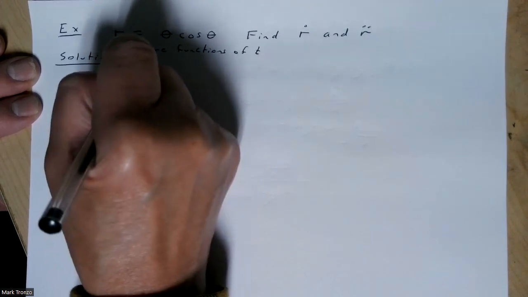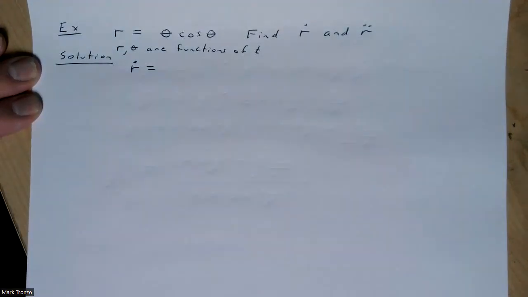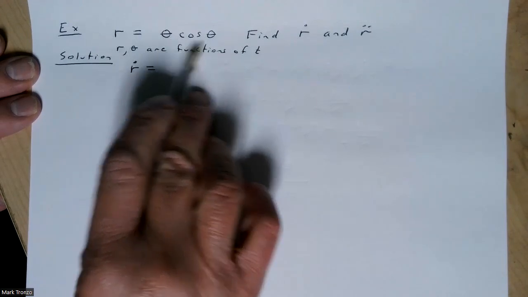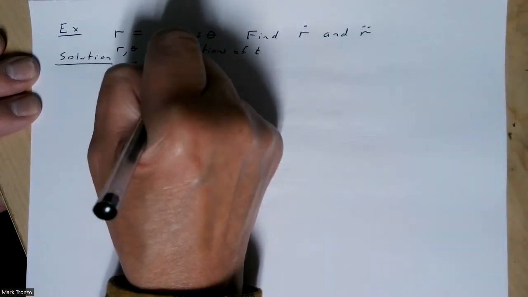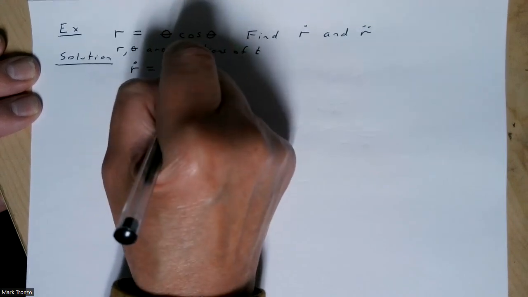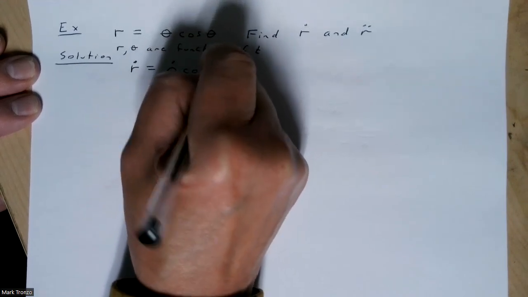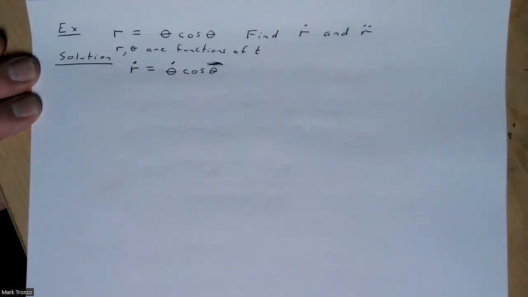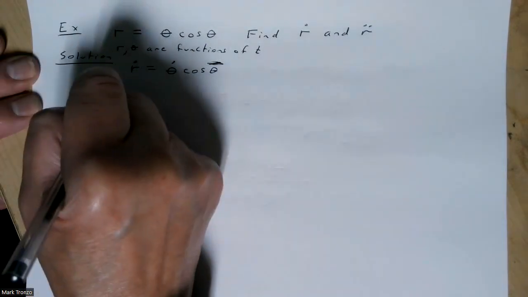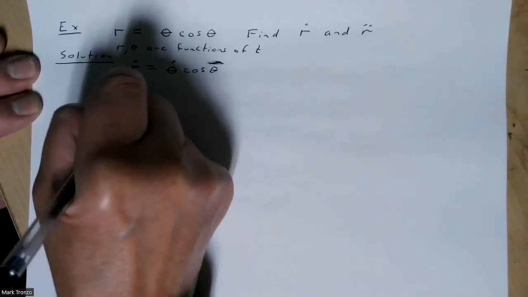So again, on the left, this would be r dot. And again, we have a product here, derivative of the first times the second. Excuse me, there shouldn't be anything up there. Just like that. Let me write that a little bit neater.